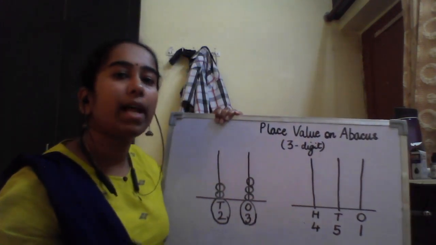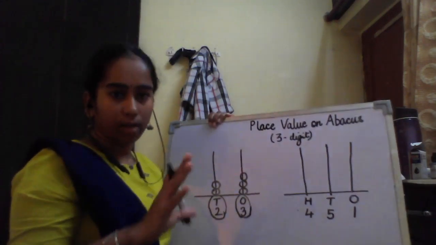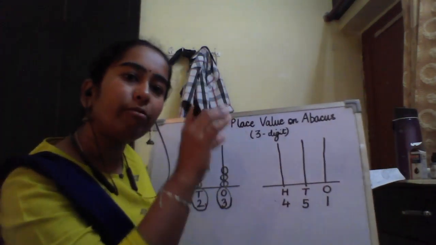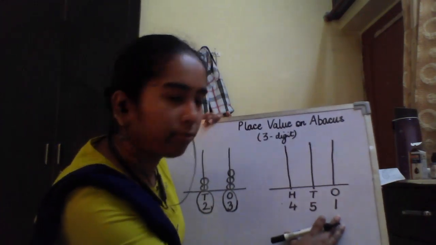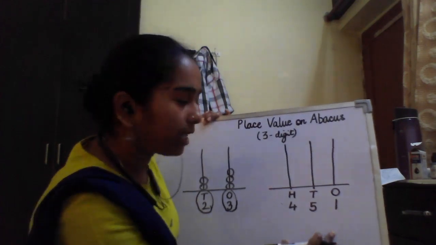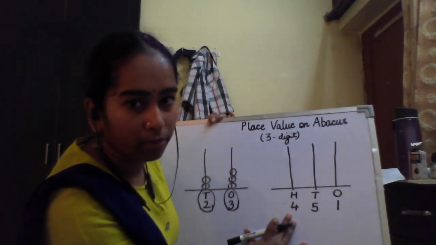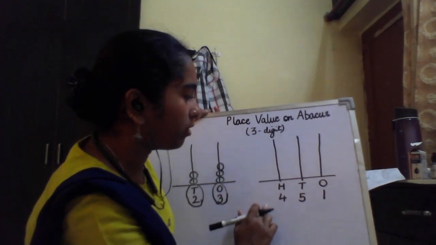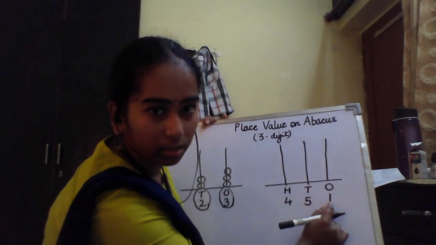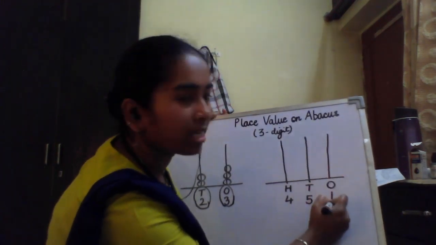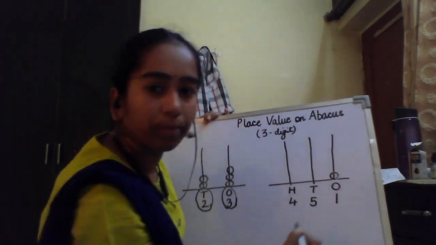Alright. So let's draw the number of beads, or if you have an abacus, put the number of beads in the spikes. In 451, we are saying 400, 4 in the hundreds place. Let's start with the ones place. We have 1 in our ones place, so how many beads are we going to draw? 1.